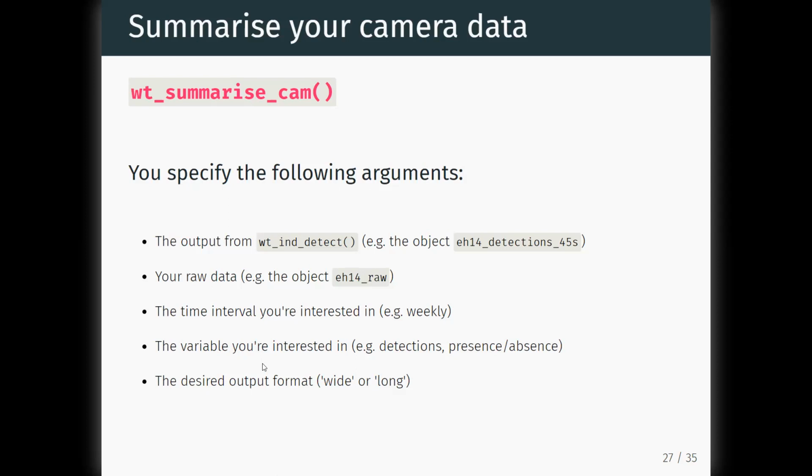And there's another little useful piece here. It's the desired output format, and that can be either wide or long. And I'll show you what those two things mean in a second, because they're useful in different ways.